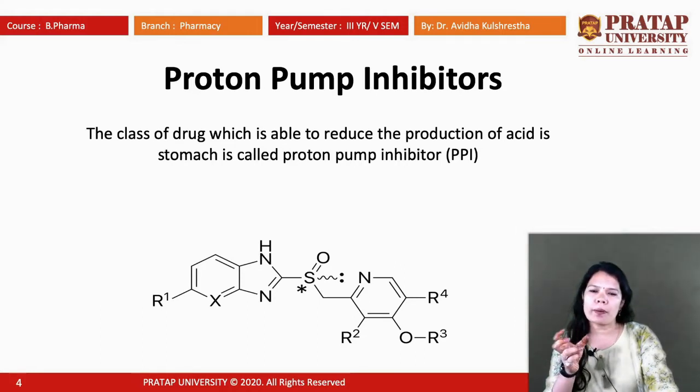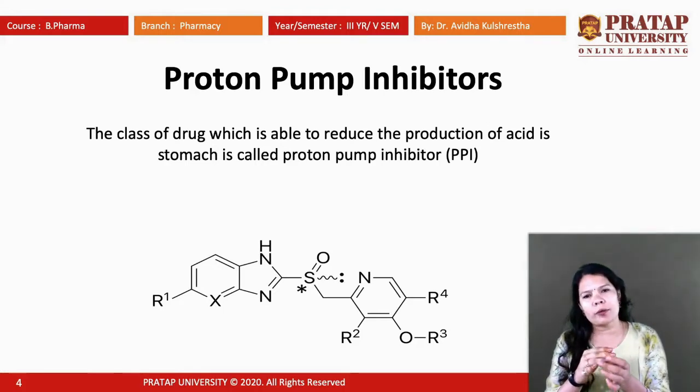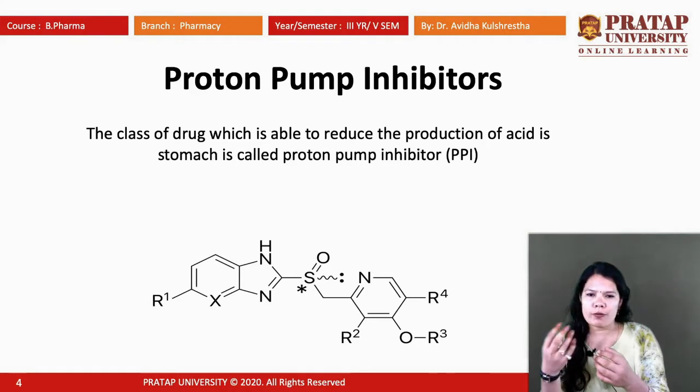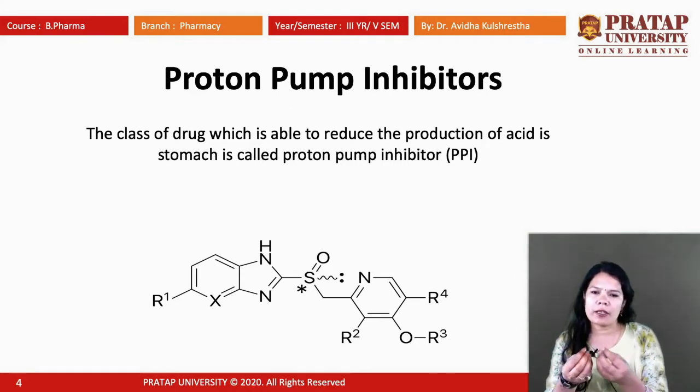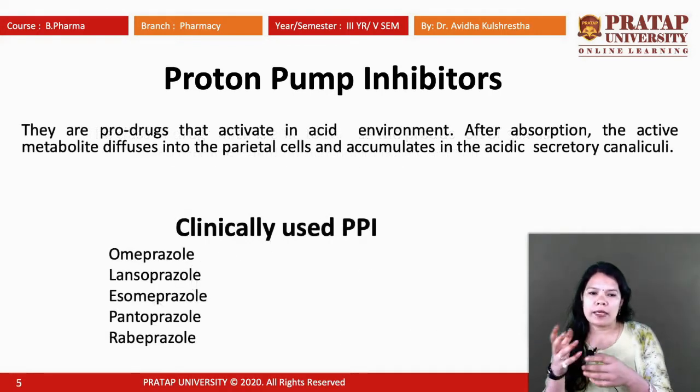The proton pump inhibitors are not doing a very high-fi biological activity. They just exchange the proton with another positively charged ion. So in place of the proton they put a K positive ion or any positive ion, which we will discuss later in the biological activity or pharmacokinetics part.